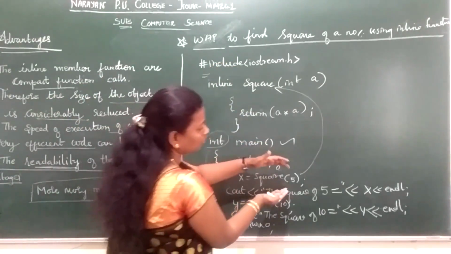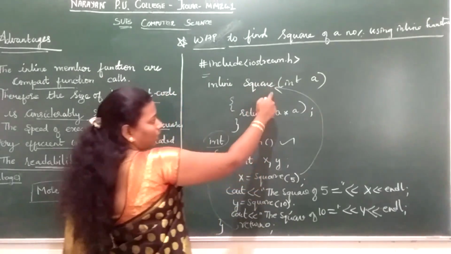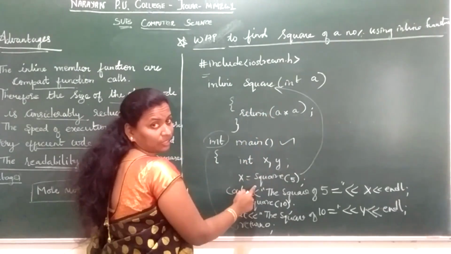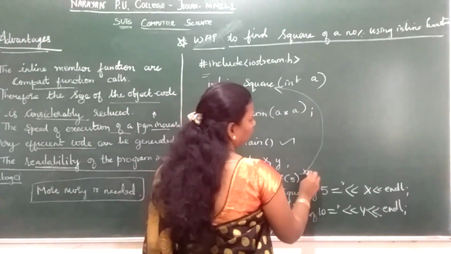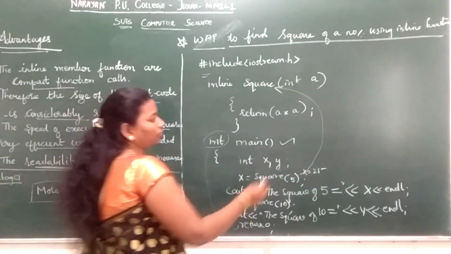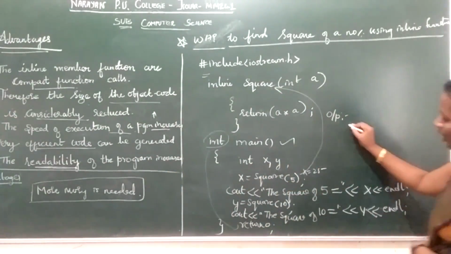Now, in place of square 5, I am going to replace the entire body. So what will square do? A into a. 5 into 5 is 25. Now x will have the value 25. Next, the output will be the square of 5.